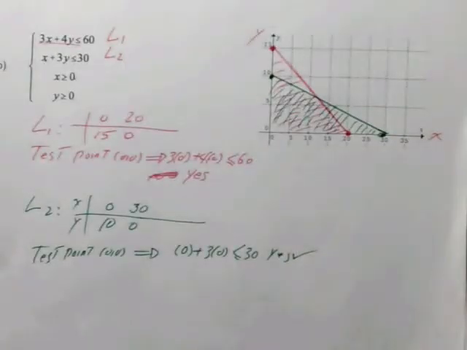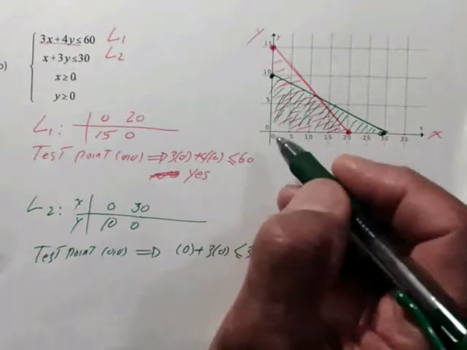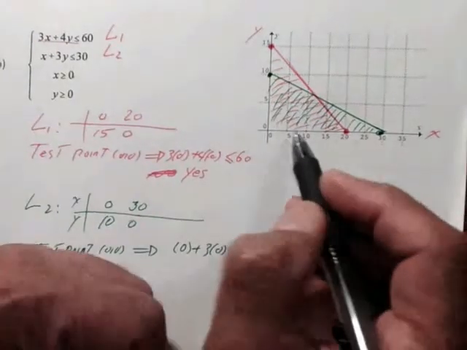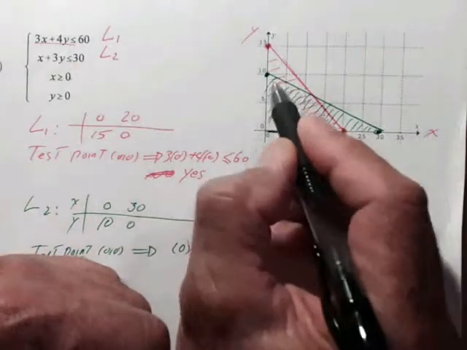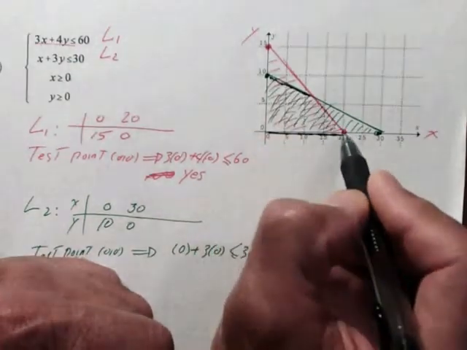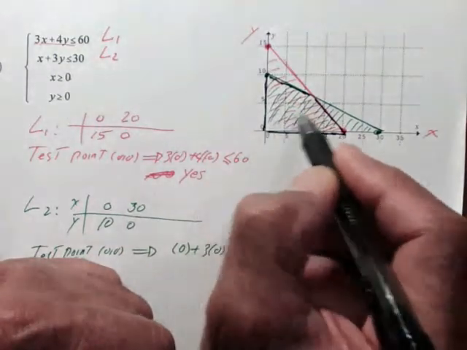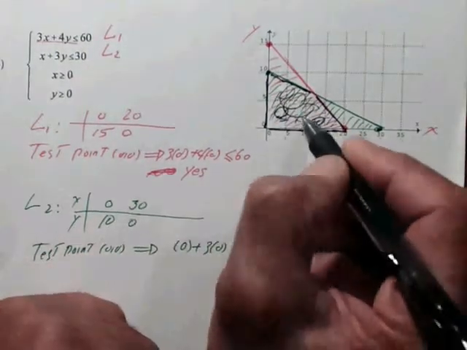So the solution to the whole thing is this trapezoidal shape, and I go around it with the black here. This is this region. I'm going to call this one by a name.